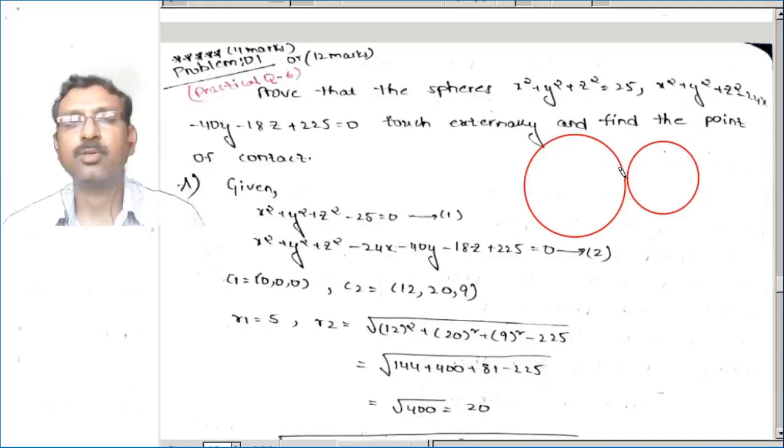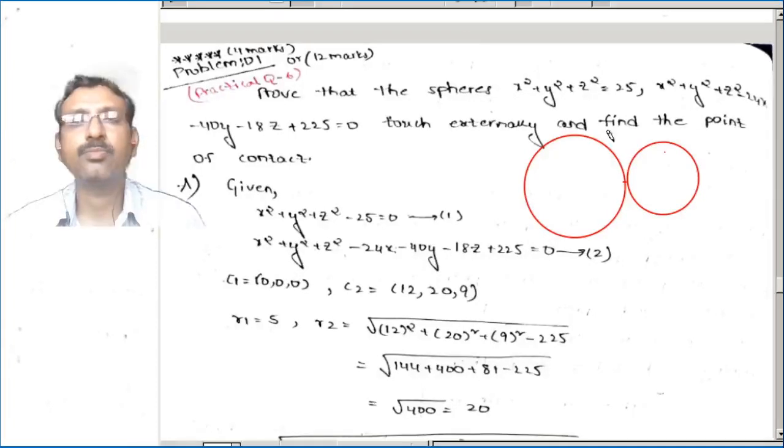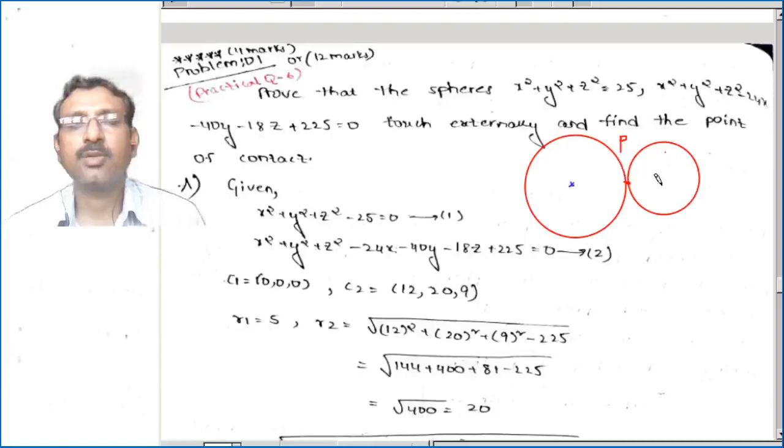Assume that the spheres are touching at some point P. This is the center of the first sphere, C1, and this is the center of the second sphere, C2. Now I am joining the points C1, C2 and also P.